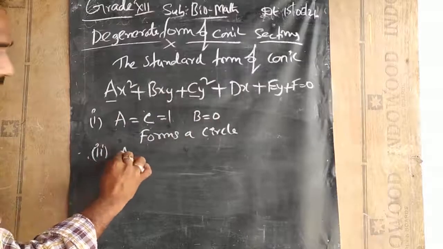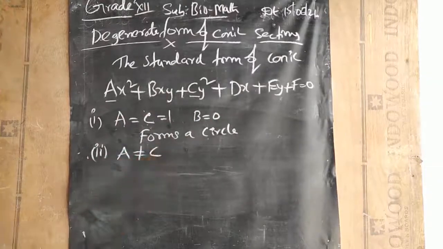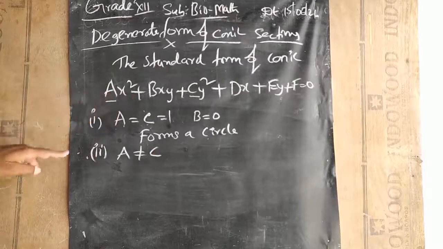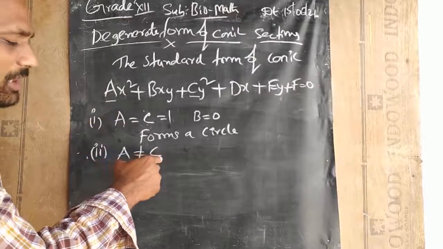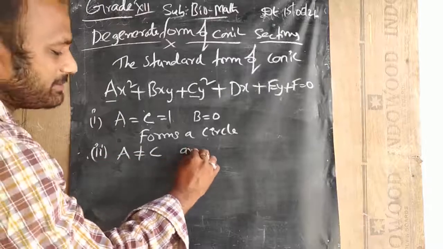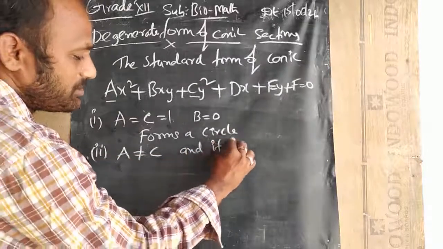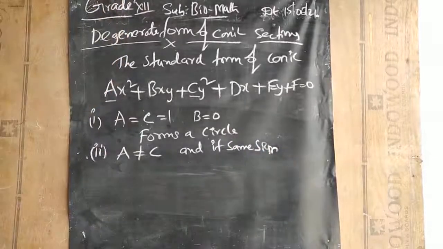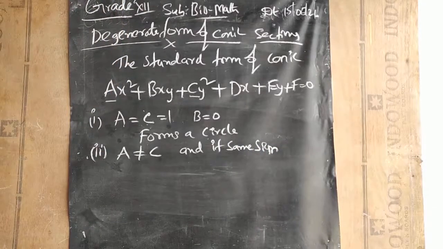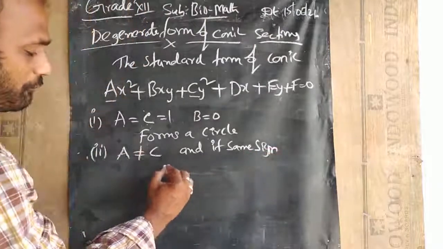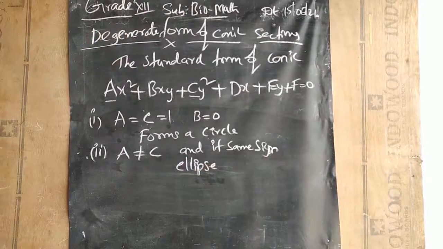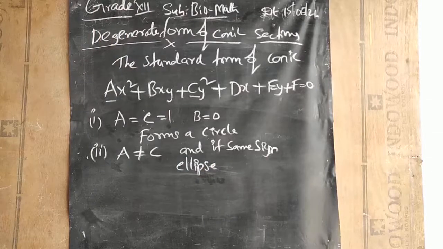Next, if a and c are not equal, where a is the coefficient of x square, if the value of a is not equal to c, and if they are of the same sign, then it forms an ellipse.